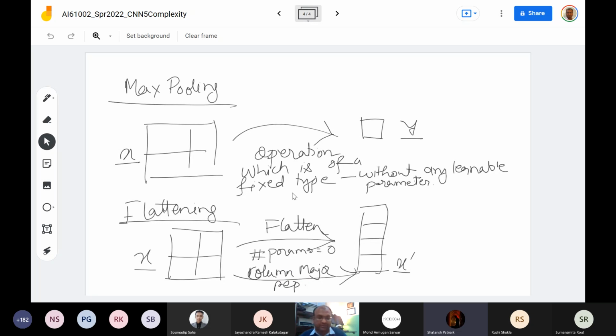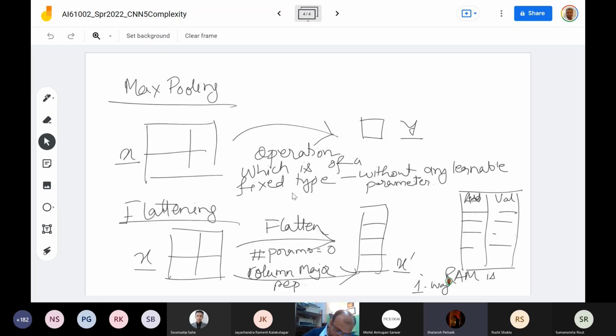So do I need a separate space to store? Because in my RAM, anyways, both of them are just stored in memory. So this is my address, this is my value, and my RAM is a linear RAM. I don't have a two-way addressable RAM. I just have a one-way addressable RAM over there. So because I just have a one-way addressable RAM, I don't have any change as such which is happening. Is that clear, or you're still in doubt?